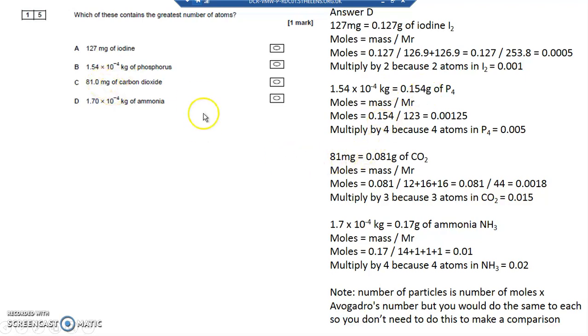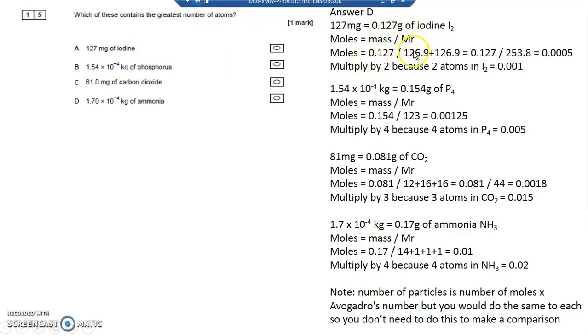Doing the same here, milligrams divided by 1,000 to get into grams, 0.081, and here 1.7 times 10 to the minus 4 kilograms, multiply by 1,000 to get grams, 0.17. So I've now got the masses of each of these.